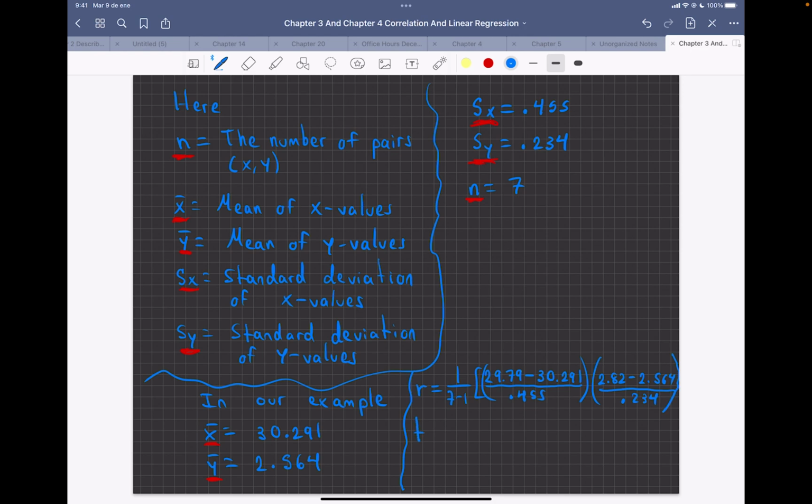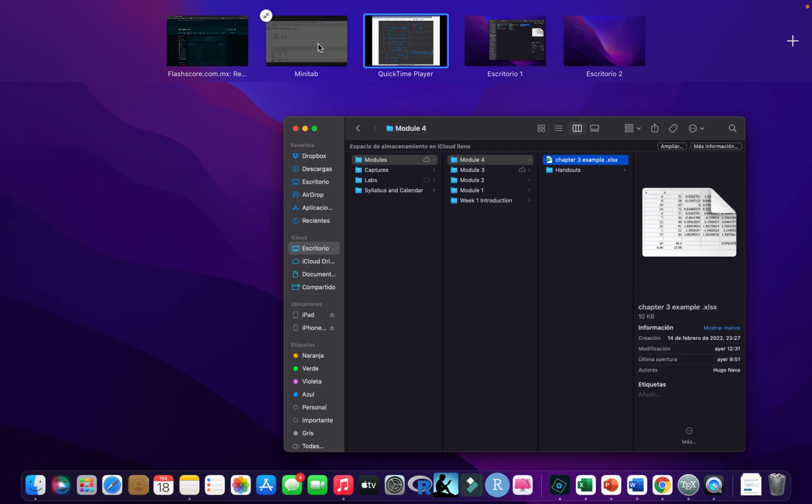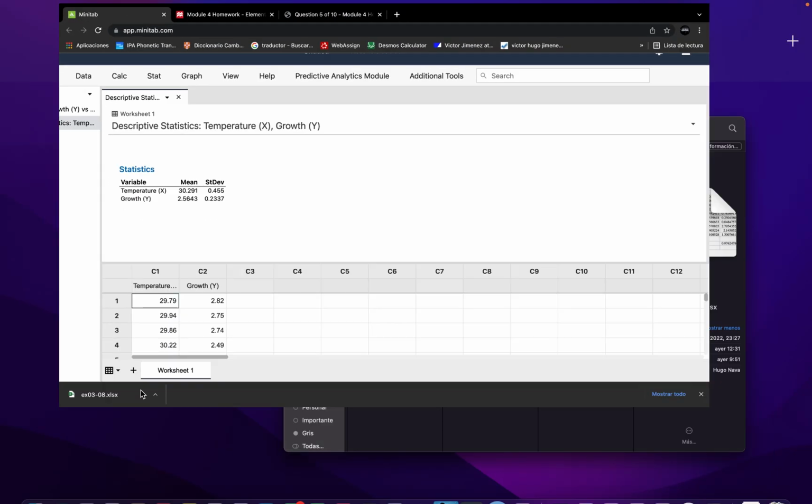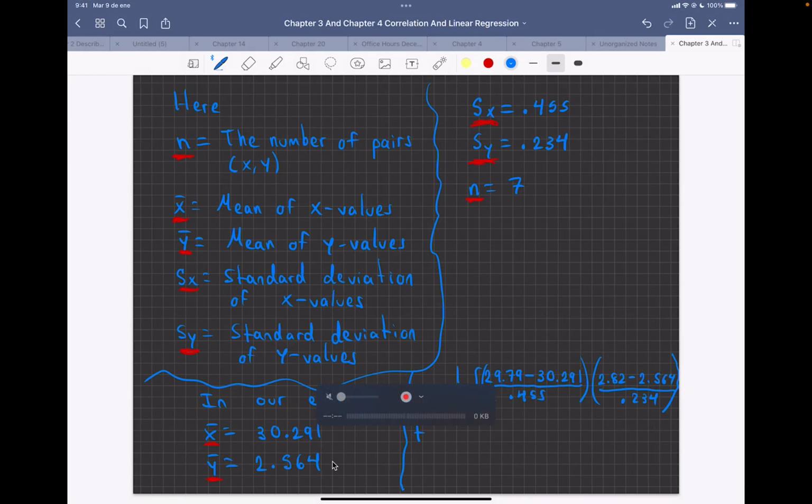plus, now do it with the second value. Second value of x, 29.94, minus the mean, 30.29, divided by 0.455, times the second y value.